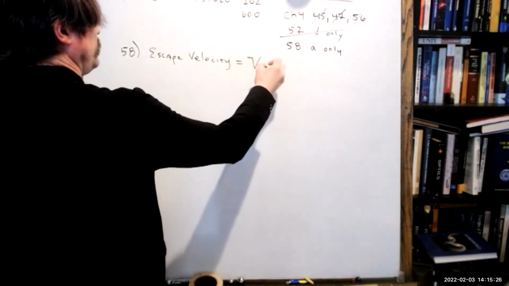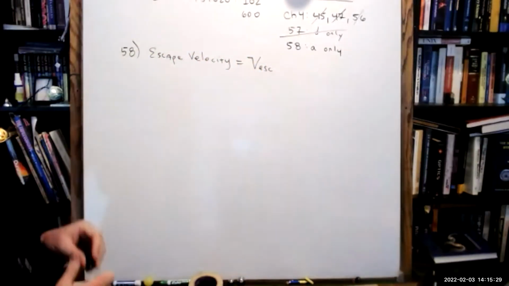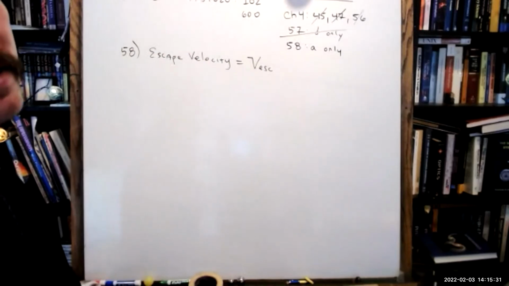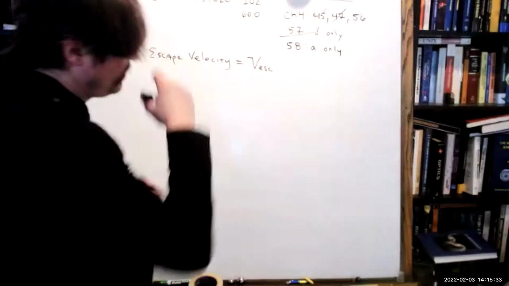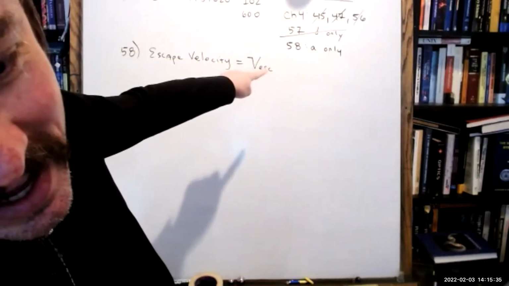The symbol that we're going to use is V for velocity, subscript escape velocity, V subscript ESC.